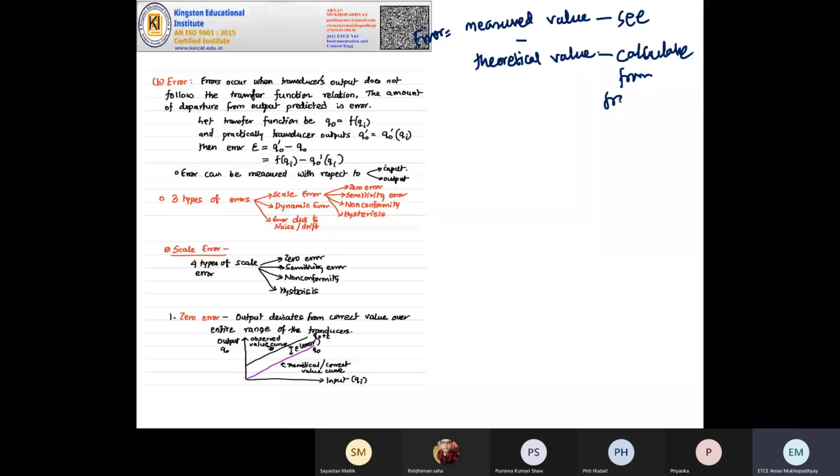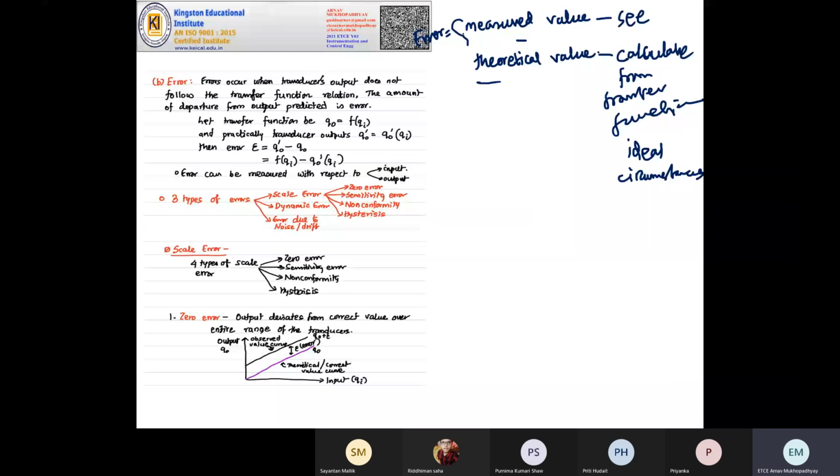So if you can see something, we believe in that. And the theoretical value we can derive under ideal circumstances. So measured value will deviate from the theoretical value or the transfer function value, and that difference will be termed as error.